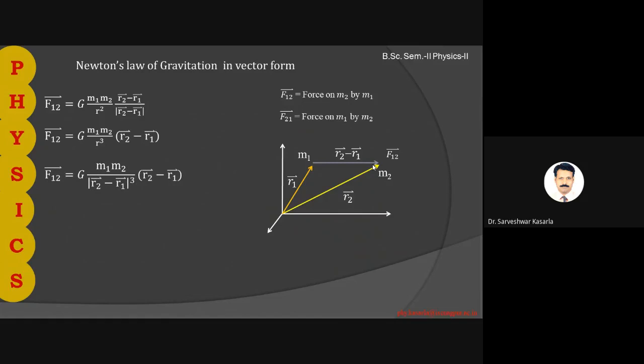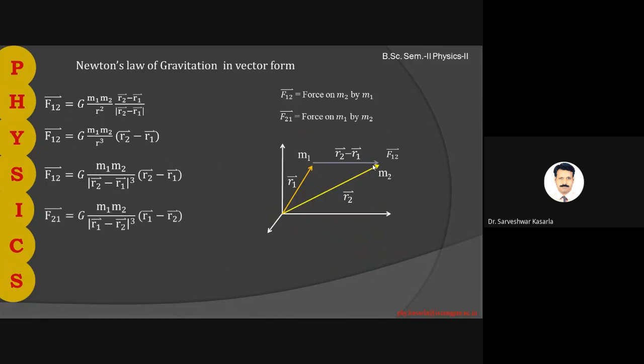So F12 is equal to G into m1 m2 upon magnitude of r2 minus r1 cube into r2 minus r1. So these are the several ways one can express the force in vector form.